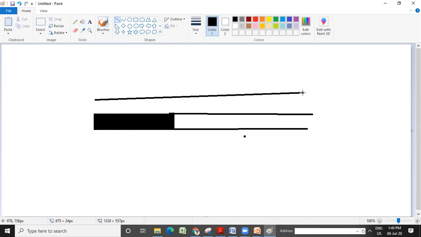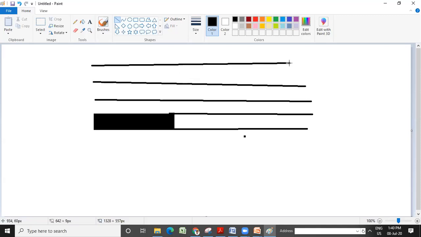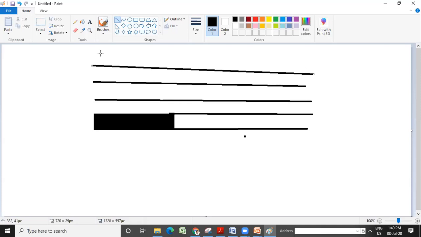So different layers. Like this, we have different layers. So this is the rear abutment part of it.